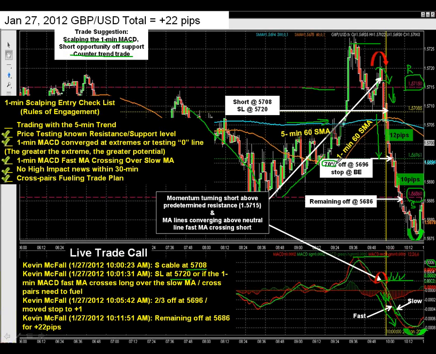If you're running 3 lots, you take 2 lots off here, depending on how you want to manage the trade. But I take a major position off right at my first target at 10 pips on my spread. And then I move my stop to break even or plus 1. In this case, we move the stop to plus 1 here.